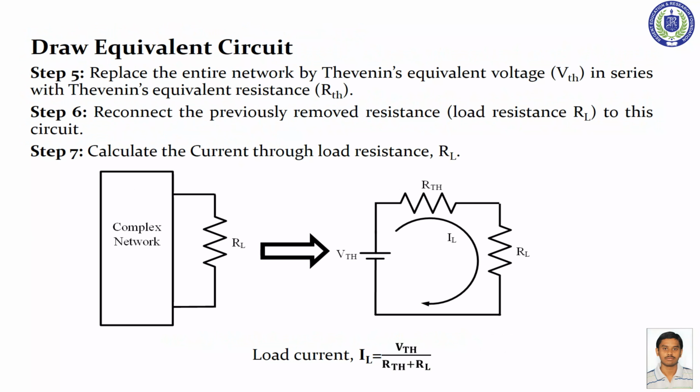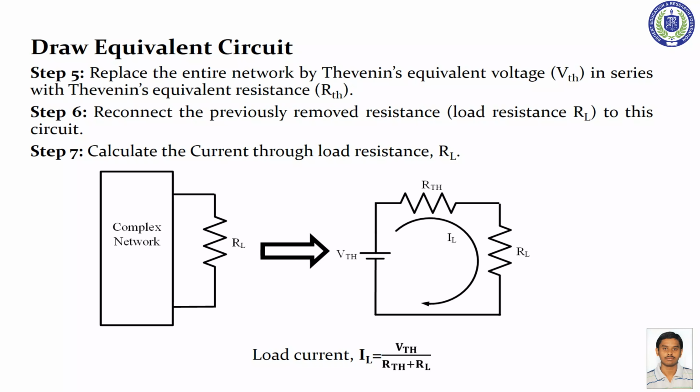And last step is the total equivalent circuit. Here is any complex circuit and there is a load resistance RL. Convert it to the simple equivalent series circuit, which has VTH, the Thevenin's voltage, RTH, and RL, the load resistance.